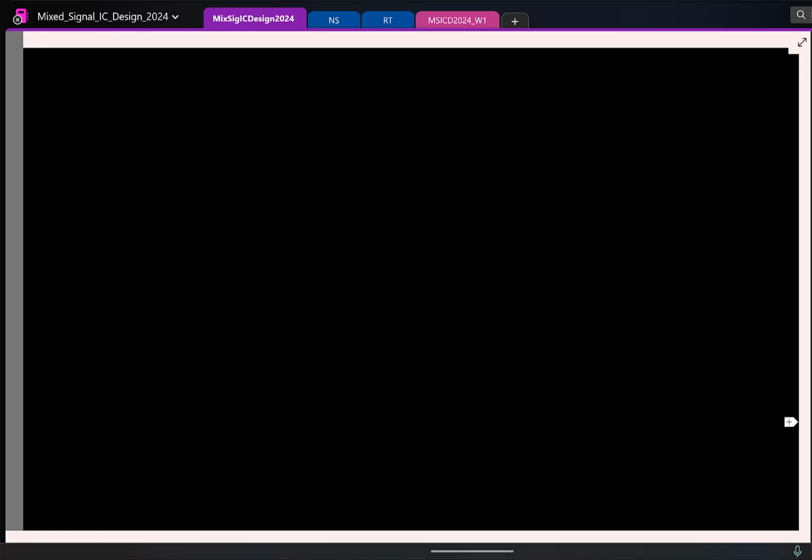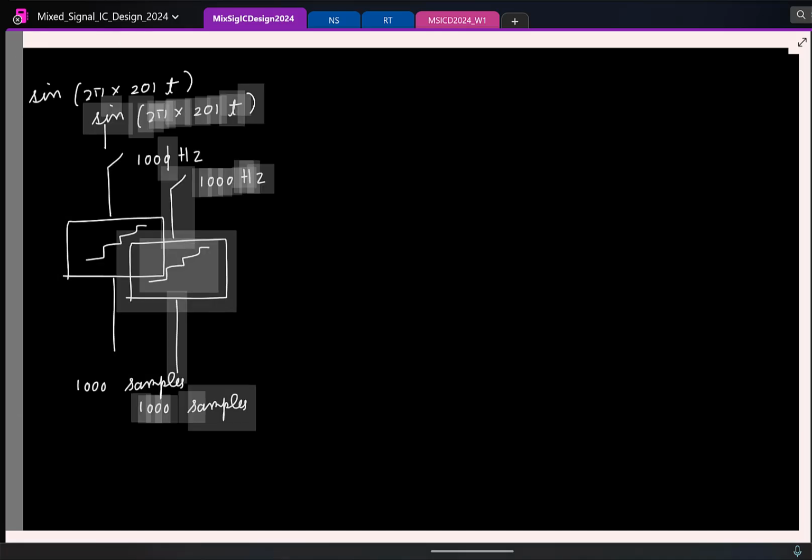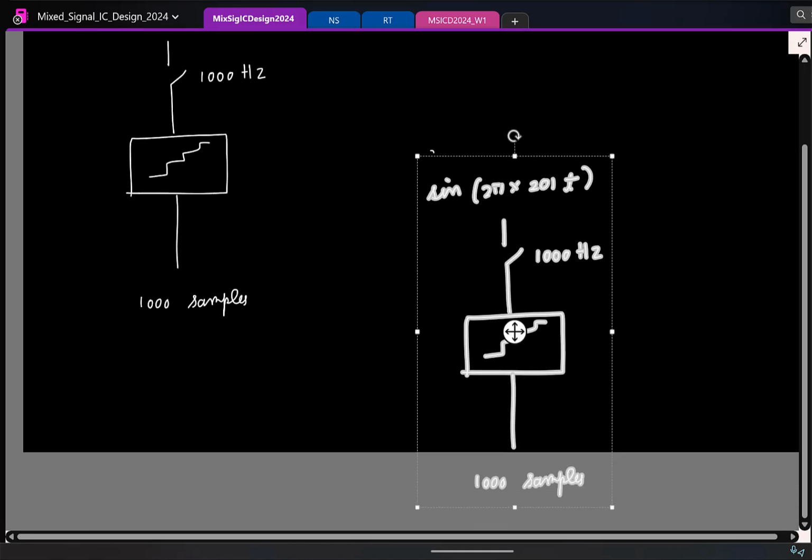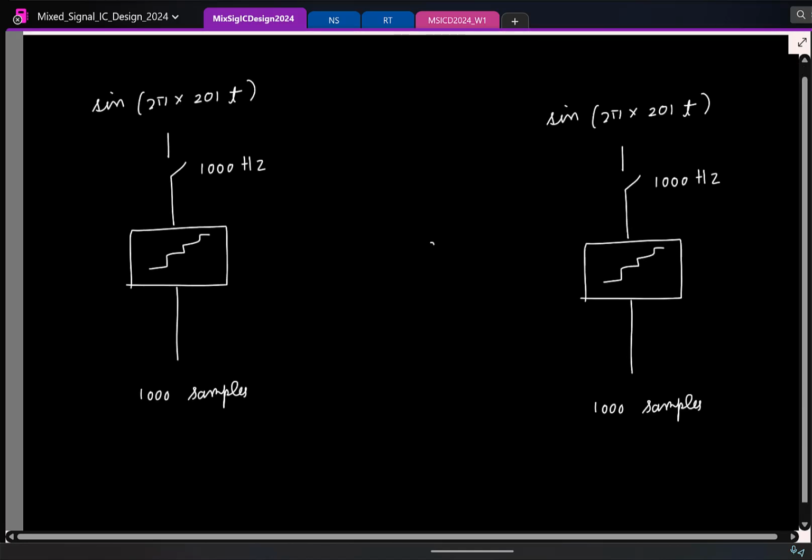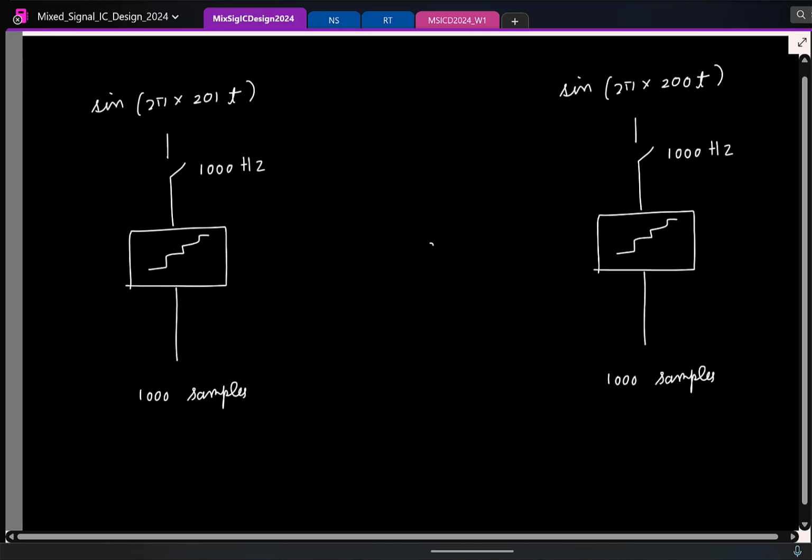So let me put the two setups together. This is the first experiment. The second experiment is where I just slightly change the frequency by 1 Hz. So what's the difference, do you think?